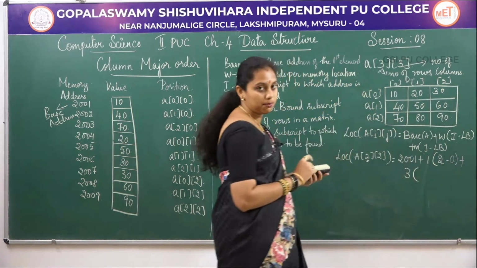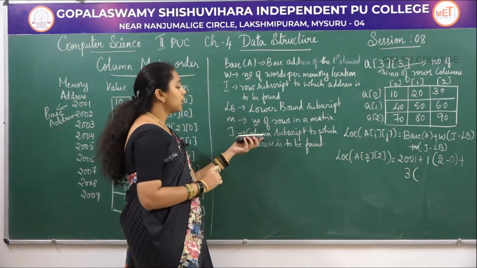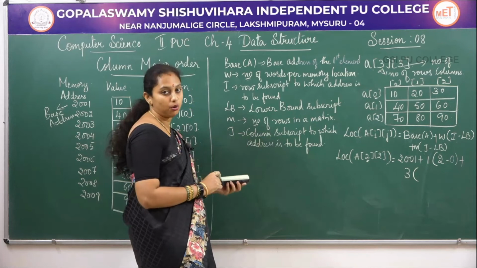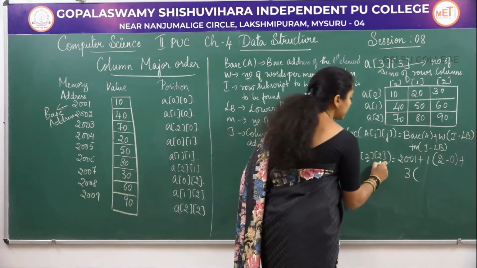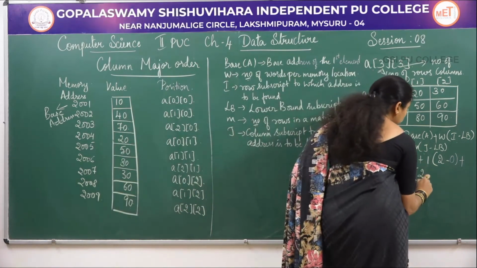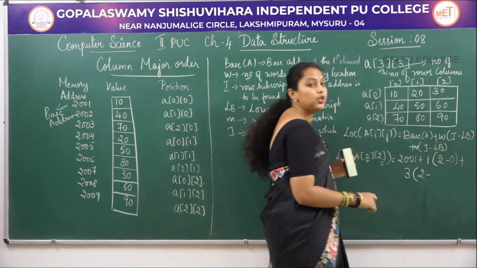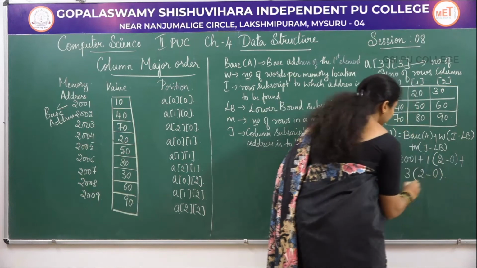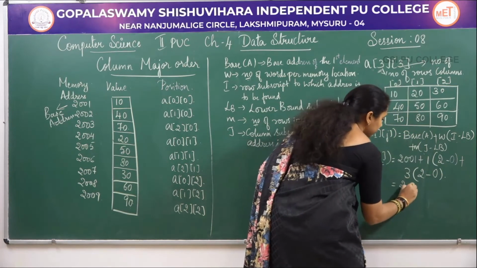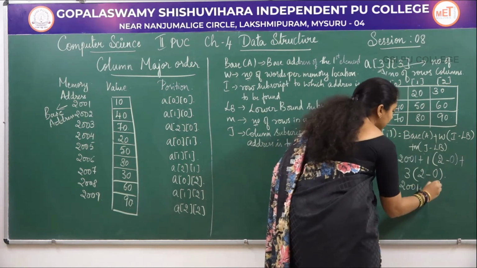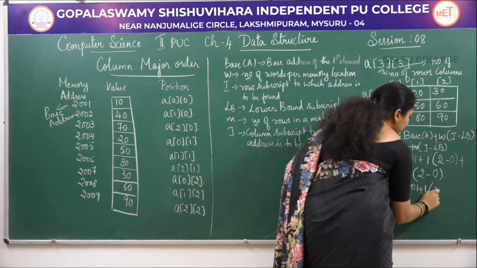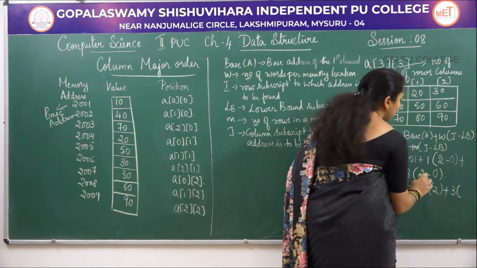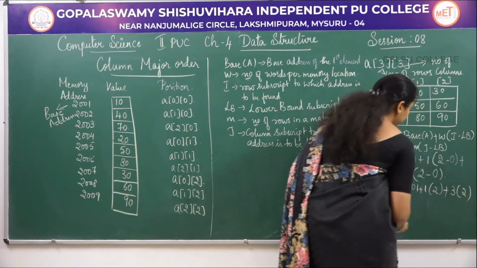What does J represent? J represents the column subscript to which address is to be found. So the value of J is 2. 2 minus LB. What is LB? Lower bound subscript, that is 0. 1 into 2 minus 0 is 2, plus 3 into 2 minus 0 is 2.